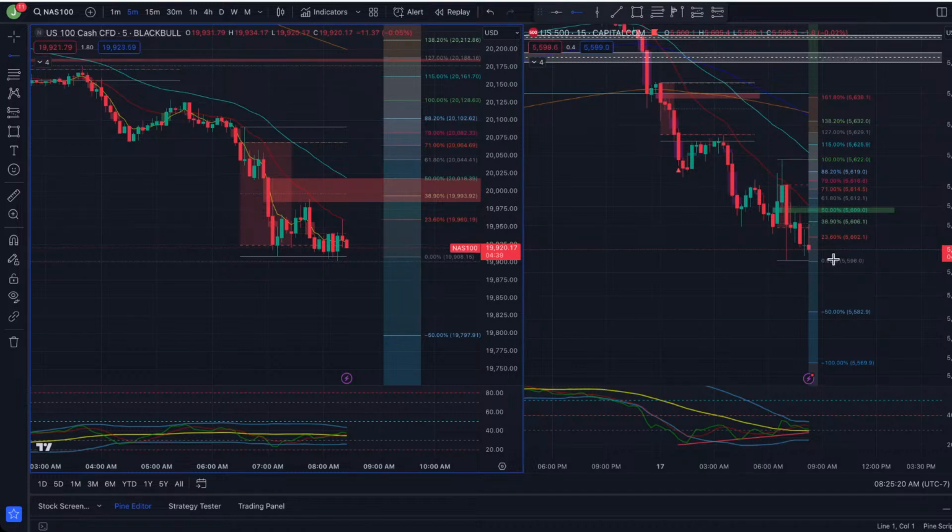US 500 slowly making its way down as well. Still just waiting.